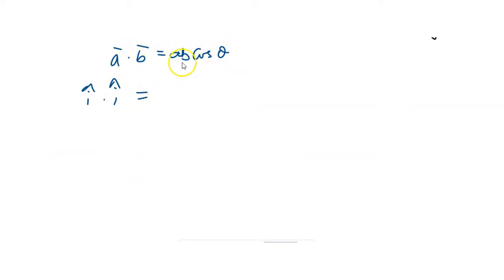So it will be the magnitude of i cap, they are all unit vectors, so the magnitude is 1. The magnitude of the other i cap is also 1. And cos of 0, because the angle between the same vector is 0, so this gives the result as 1.